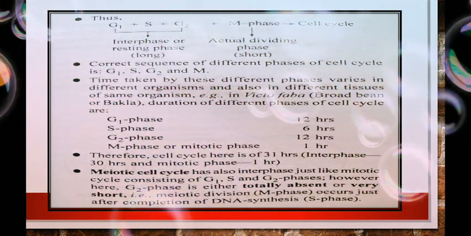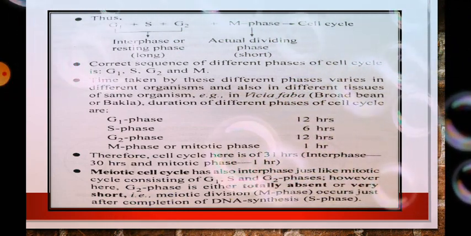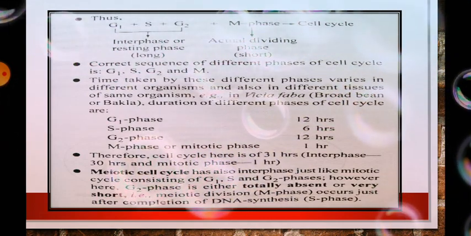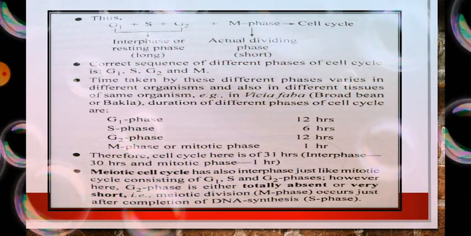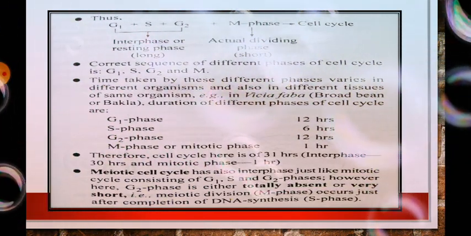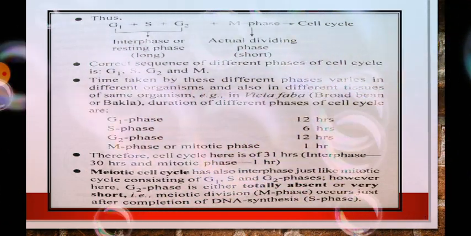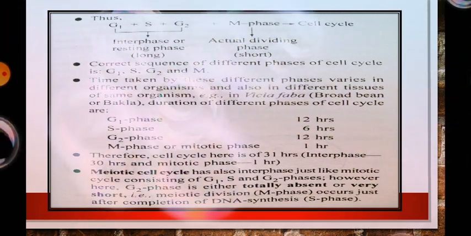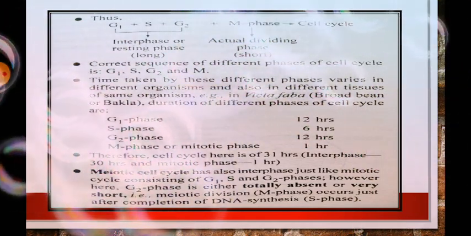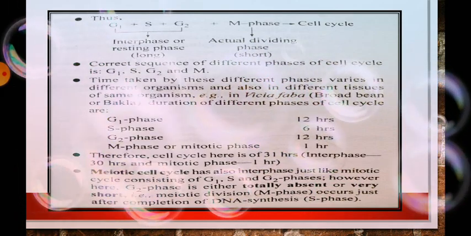The time taken by these different phases varies in different organisms, and also in different tissues of the same organism. Here is an example of the cell cycle: the G1 phase requires 12 hours for completion, the S phase requires 6 hours, the G2 phase requires 12 hours, and the M phase, the mitotic phase, requires 1 hour.